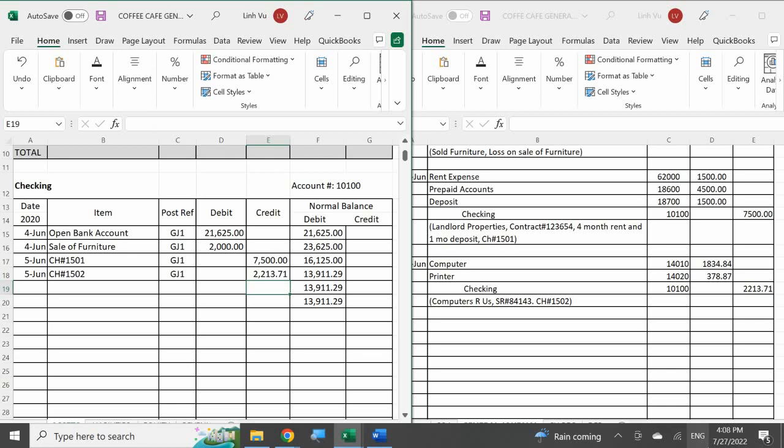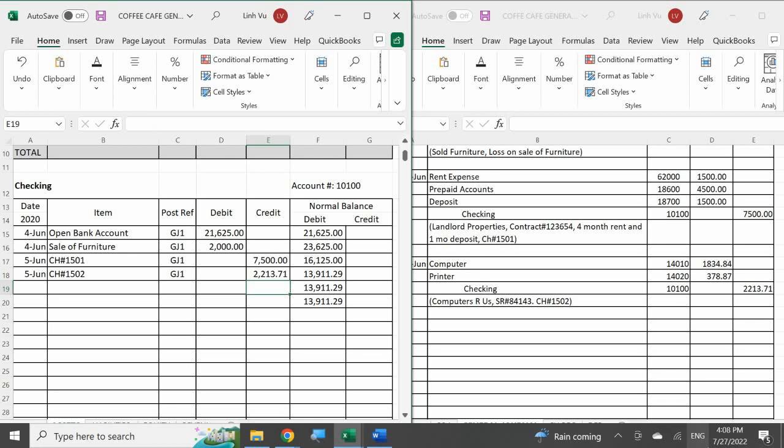Okay? So now that I finished my journal and my ledger, I need to go to my subsidiary ledger. Why? Because what if I plug in my computer and it doesn't work? I need to make sure I bring it back to the same store and get my refund.